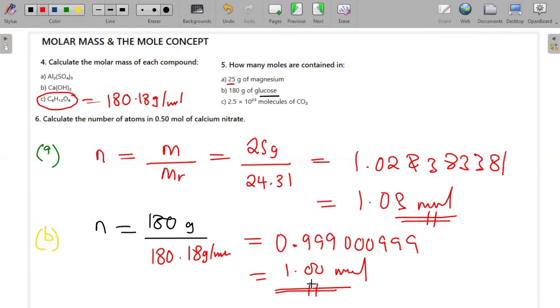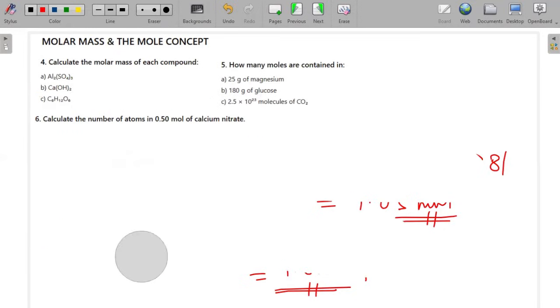And then let's do the interesting one now. They're asking how many moles are contained in 2.5 times 10 to the power 23 molecules of carbon dioxide. There you just have to make use of Avogadro's constant.